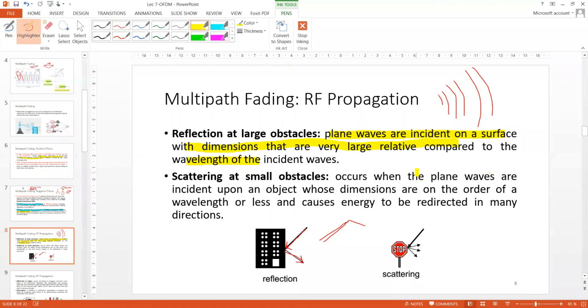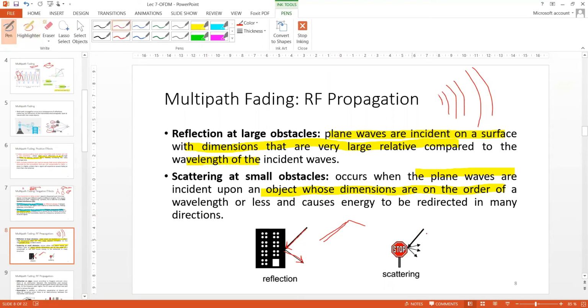So scattering occurs when plane waves are incident upon an object whose dimensions are on the order of, meaning approximately the same as, or less than the wavelength of the incident wave.